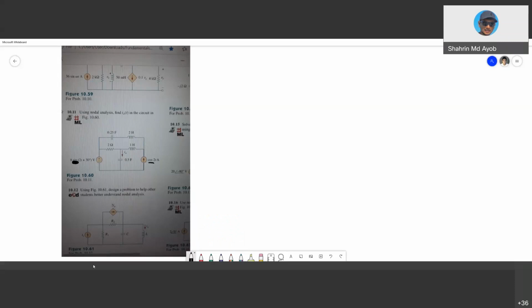Nodal analysis. This one will be time consuming because you have this symbol ML, meaning MATLAB. This one requires some software, which is MATLAB. So it is time consuming.